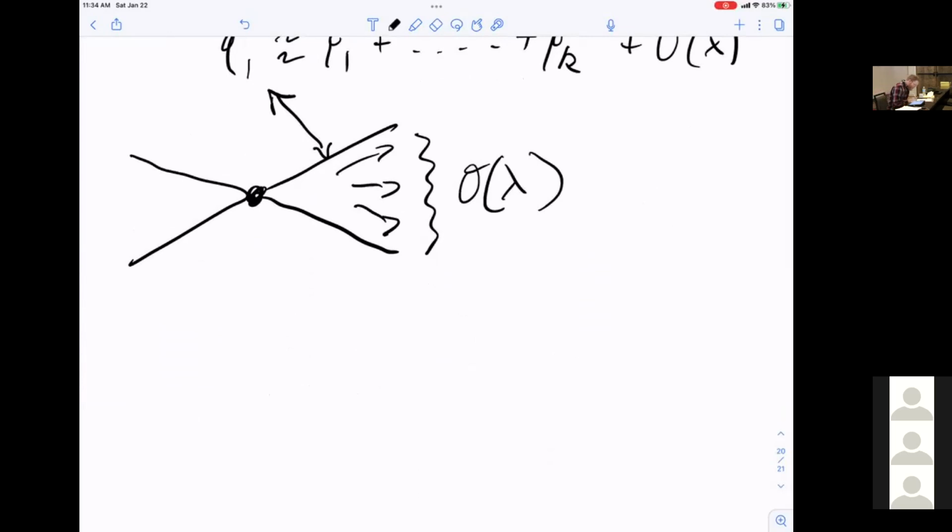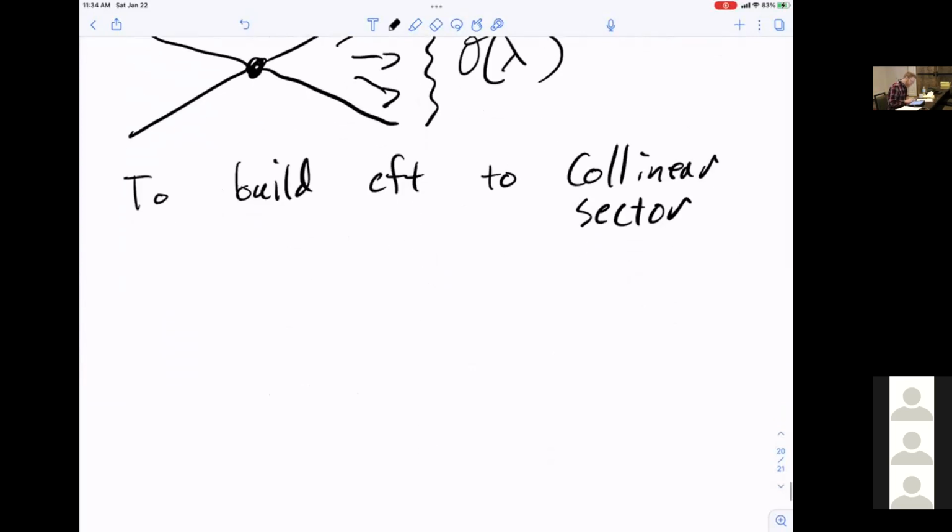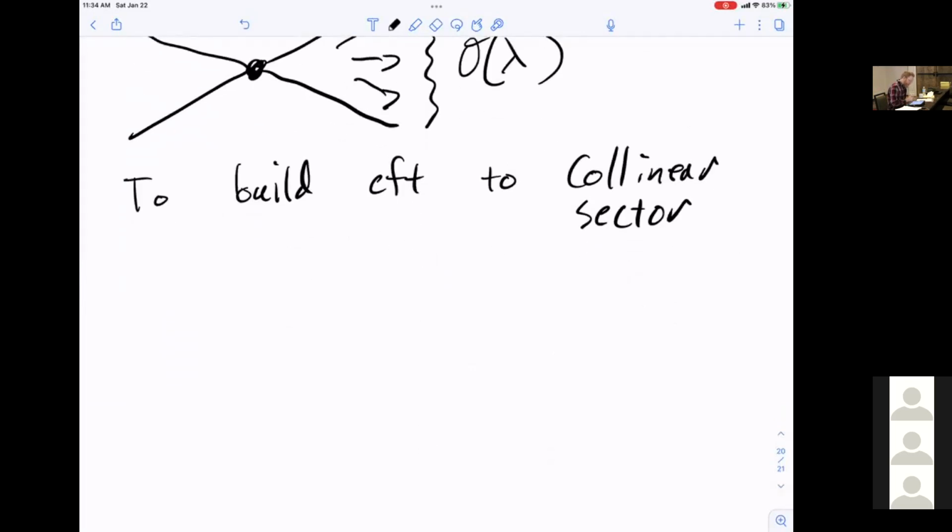So now, when I introduce some subset of momenta which are all collinear to each other, in order to do that, I've given myself 2 directions, n and n bar.